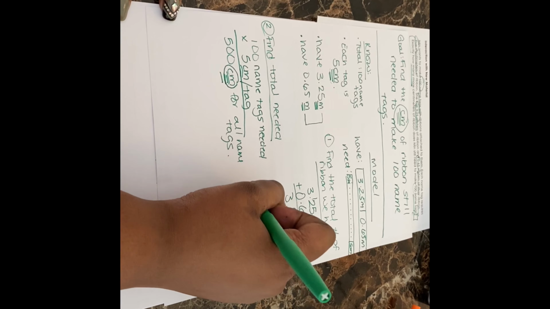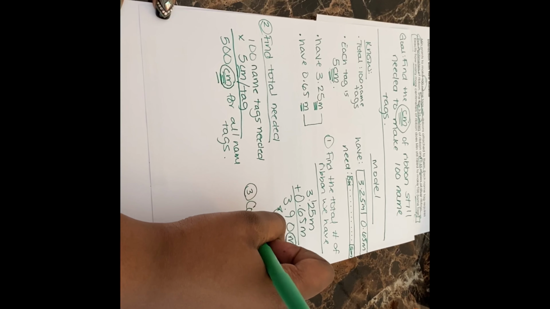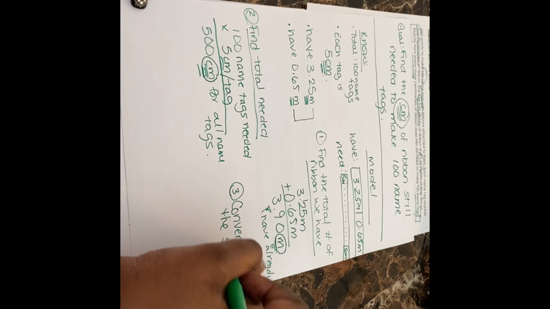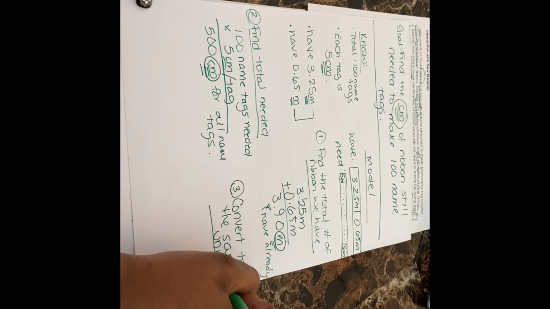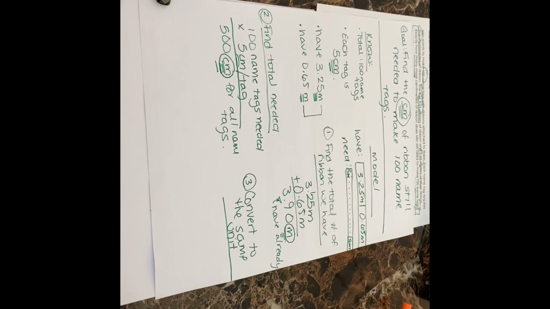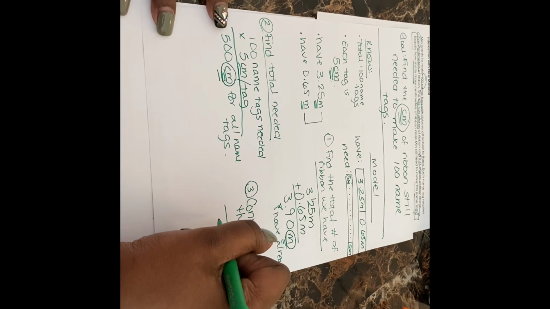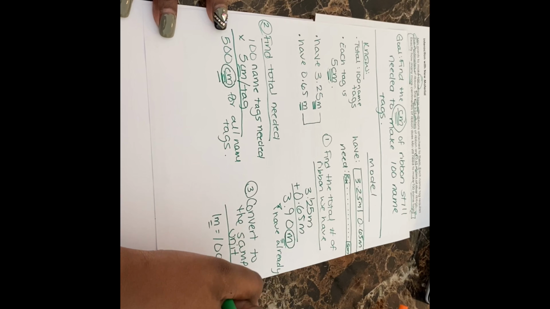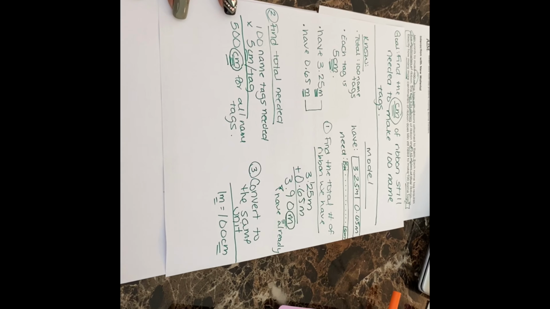So here we go, for step 3, we are going to convert to the same unit. And this is a skill that you guys have been working on in tutorial. So we know that 1 meter equals 100 centimeters. Again, that's 1 meter equals 100 centimeters.